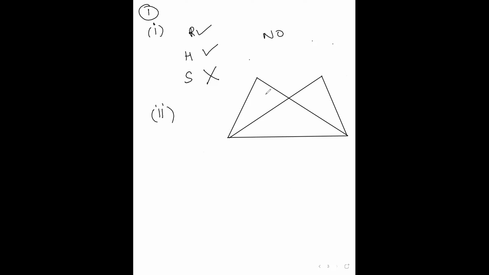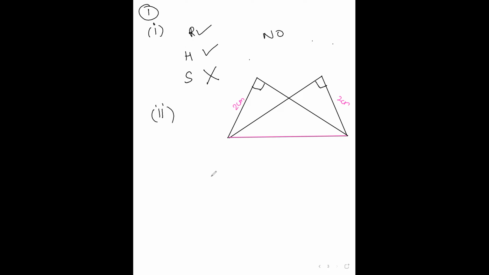I'm sorry that it doesn't look like 90 degrees to you over here, but because it's a rough diagram it won't look like 90, but it is 90 degrees. Now, the second one, they are congruent, because this is 2 centimeters, this is 2 centimeters.